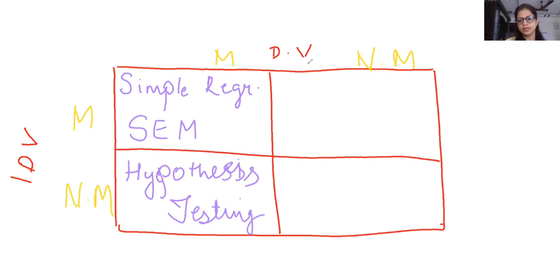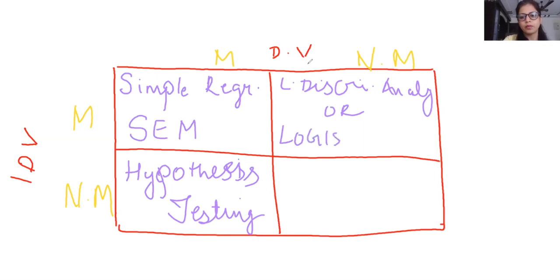Coming back to the second column, where your dependent variable is non-metric and independent variable is metric, then you will be using linear discriminant analysis or logistic regression.